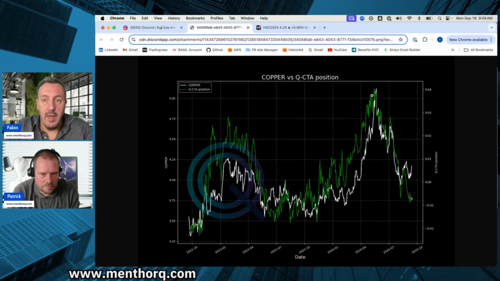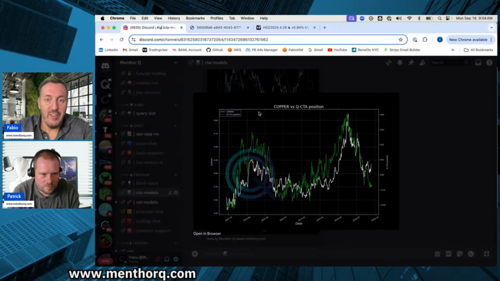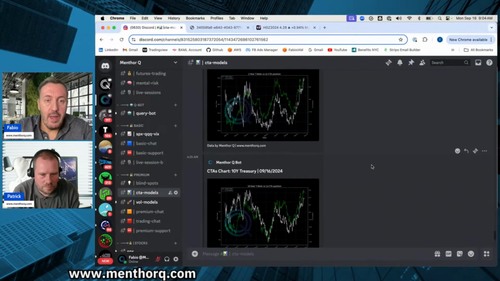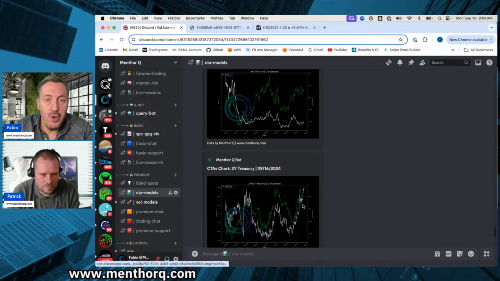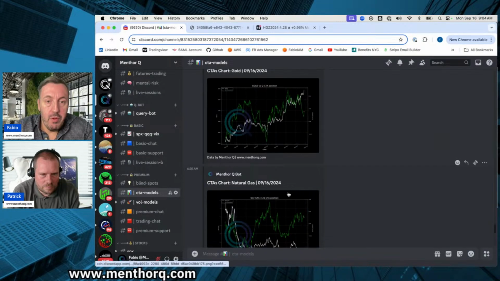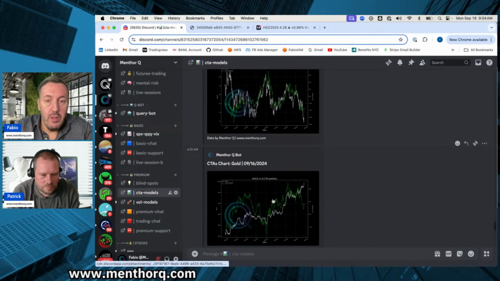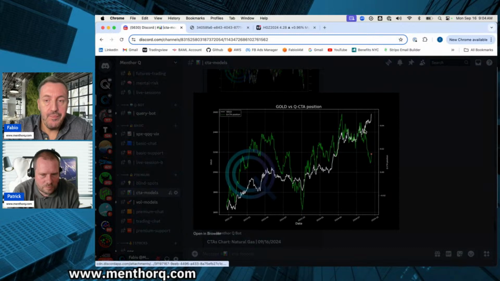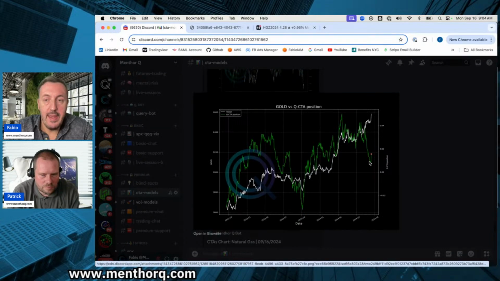We saw a big sell-off right here, both from the CTA model as well as from the price. CTAs tend to accentuate the price, so always look at the CTA's model here. We can also do the same thing for treasury, natural gas, and gold. In this case, we see there was a spike in positioning on gold last week.